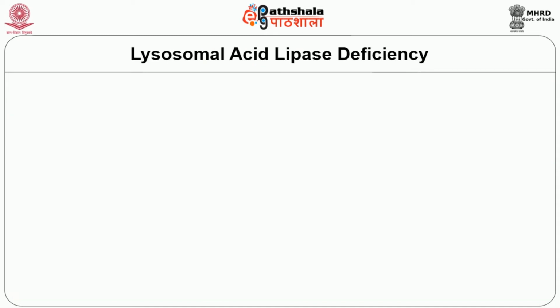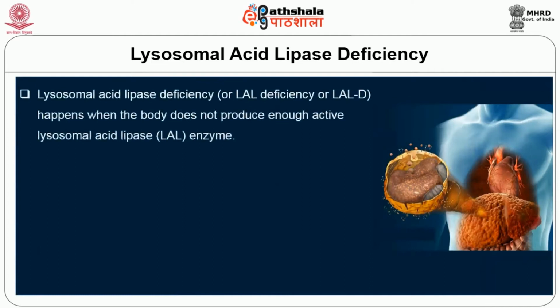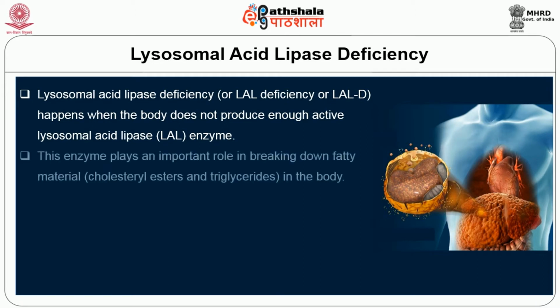Now let us discuss the first type, lysosomal acid lipase deficiency, abbreviated as LAL deficiency or LALD, which happens when the body does not produce enough active lysosomal acid lipase enzyme. This enzyme plays an important role in breaking down fatty material, that is cholesterol esters and triglycerides in the body.